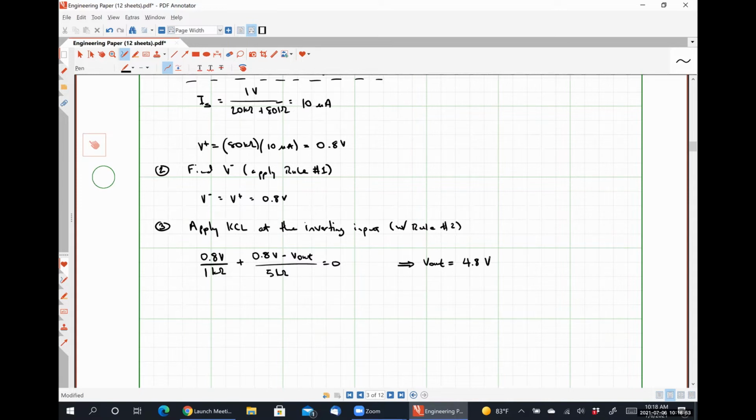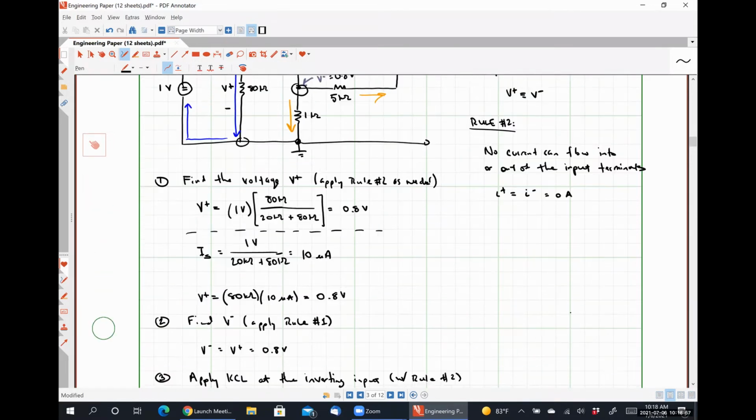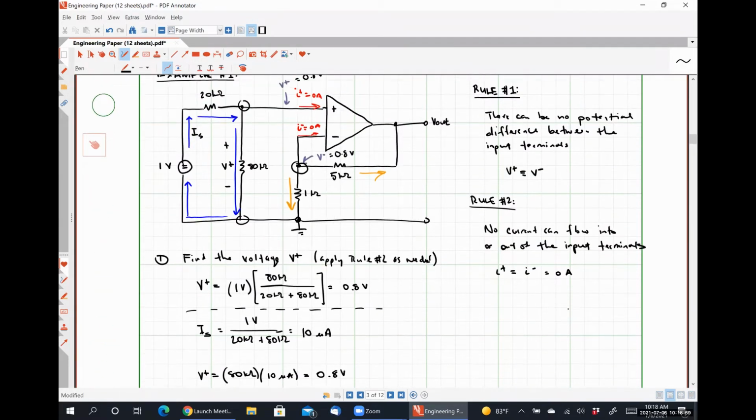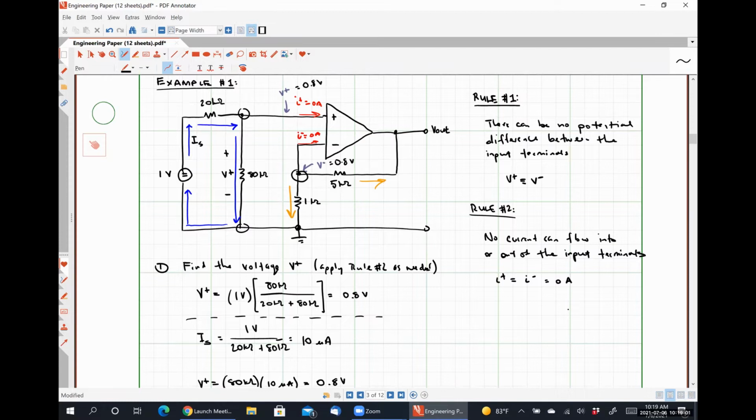How did you know the directions for the currents when looking at the non-inverting terminal? It doesn't matter. The directions that I assumed are inconsequential.